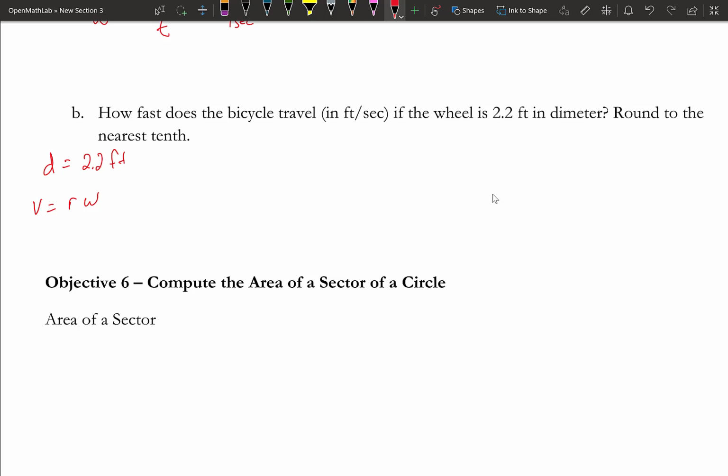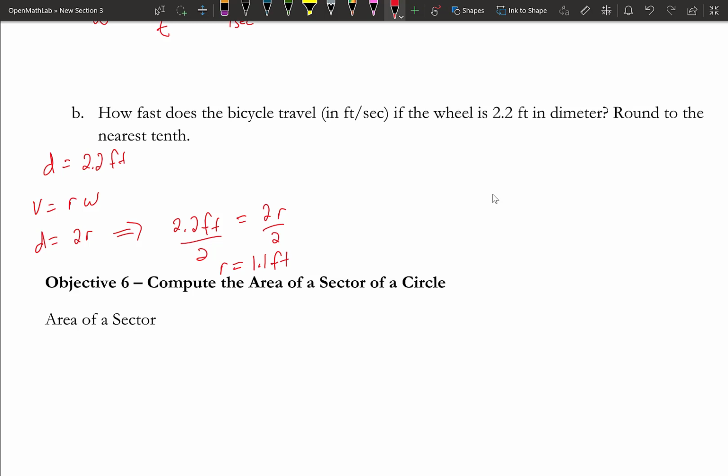I'm using that version of the calculation because we already found omega in part A. To figure out r, remember the diameter is equal to 2 times r. In other words, 2.2 feet equals 2 times r. If I divide both sides by 2, we get r equals 1.1 feet.